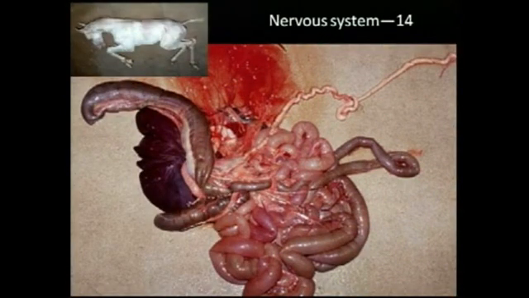Nervous system 14, we're now in the peripheral nervous system, and the clue to this picture, if you haven't recognized it already, is that this is the foal that this intestinal tract belonged to. And if you look at this foal, you see that it's just about unpigmented, but you might guess at the coloration of its parents because you can see not quite red or brown spots along its dorsal midline, but sort of a pink discoloration there that tells you that it's an overo foal, so it's a paint foal, overo pattern, but it's a white overo foal.